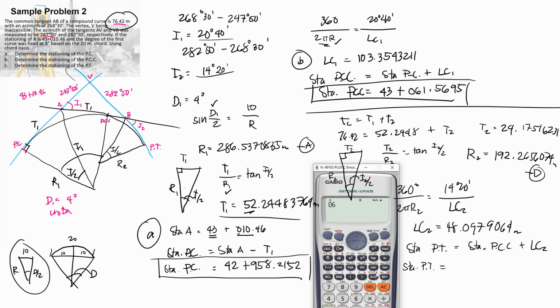So, 061.5695 plus 48.09799064. So, ang station nyo dito is 43 plus 109.6674.